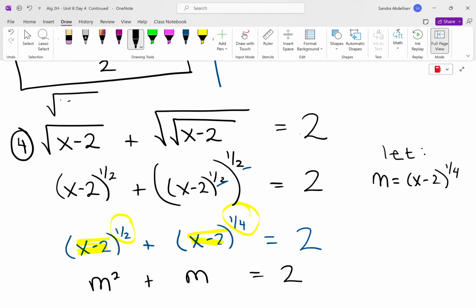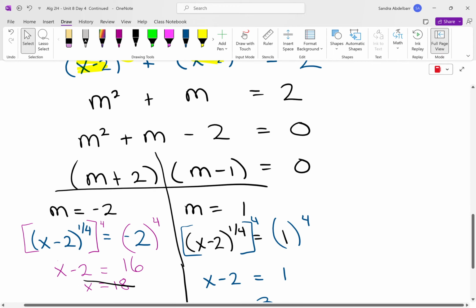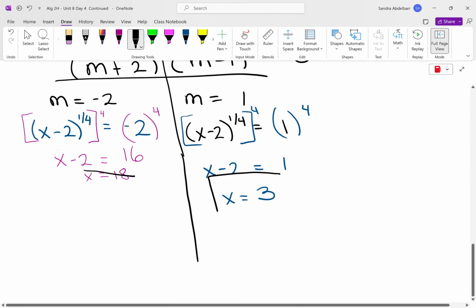Here we have the square root of 3 minus 2, which is 1, plus the square root of the square root of 1. Well, square root of 1 is 1. Square root of 1 is 1, and then the square root of that 1 is another 1. What do we end up getting? 1 plus 1, which is equal to 2. That one does work. So our only solution here is x is equal to 3.